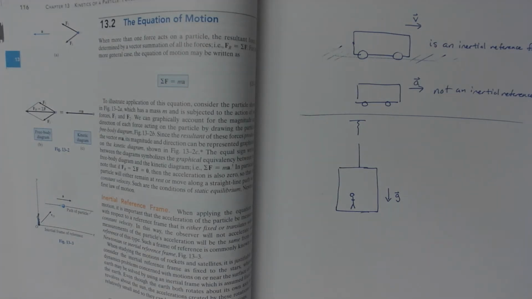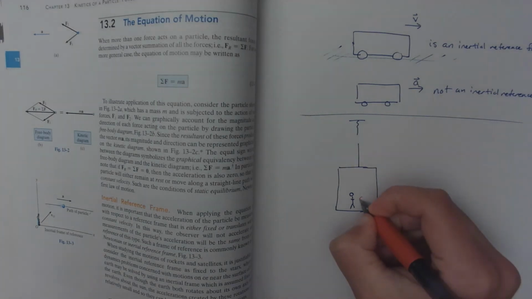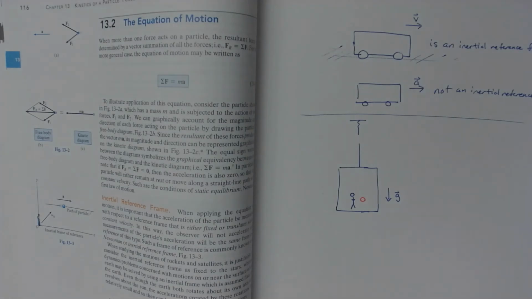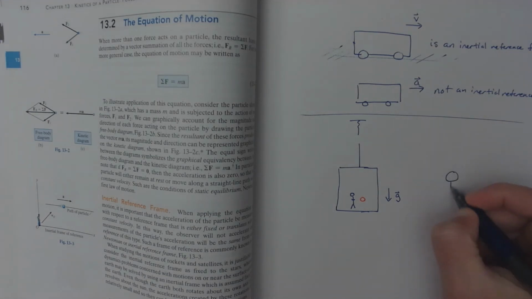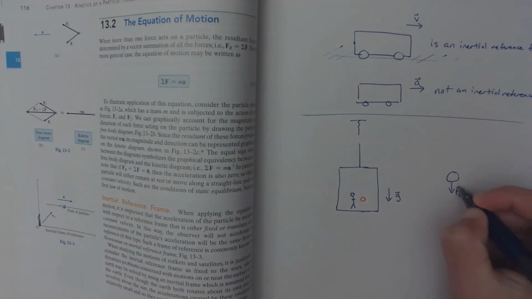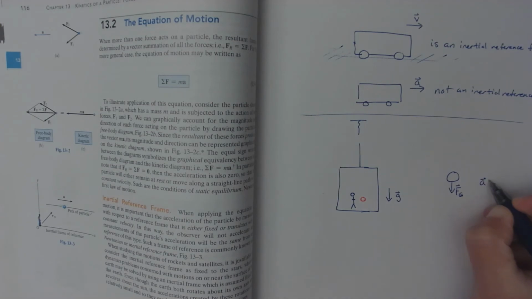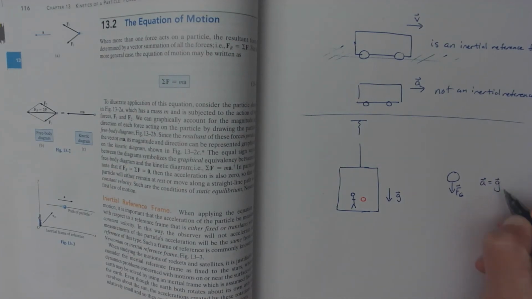If this person has a ball in their hand and they reach out and let go of the ball, let's say a meter away from the floor, and you, standing on the Earth, look at this ball and draw a free body diagram, you say you have a force of gravity acting downwards, so the acceleration of the ball should be little g pointing downwards, which is the same as the acceleration of the elevator.